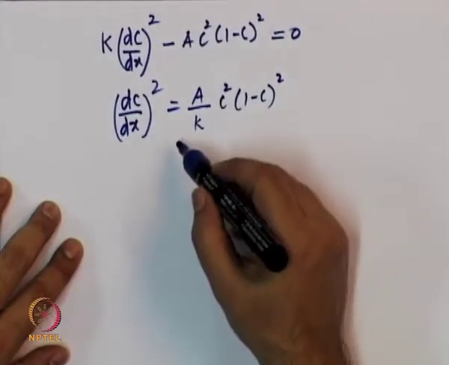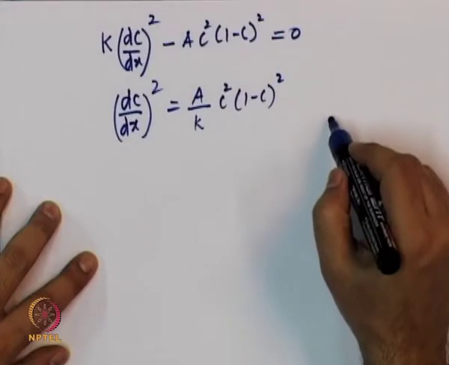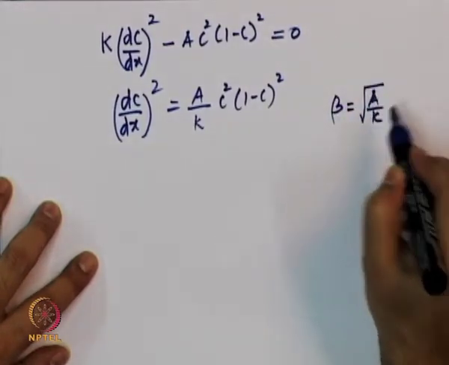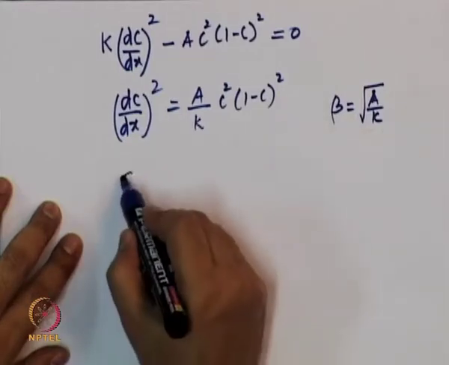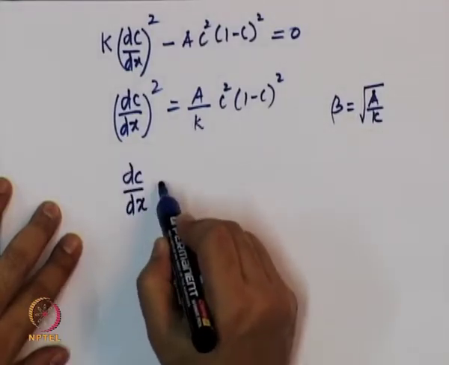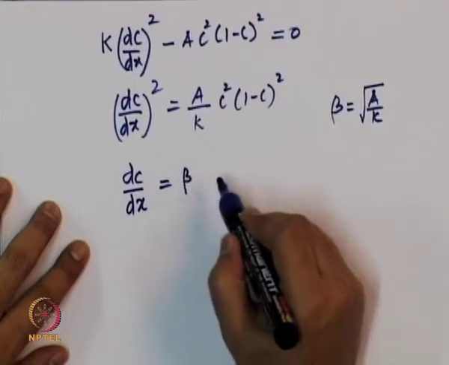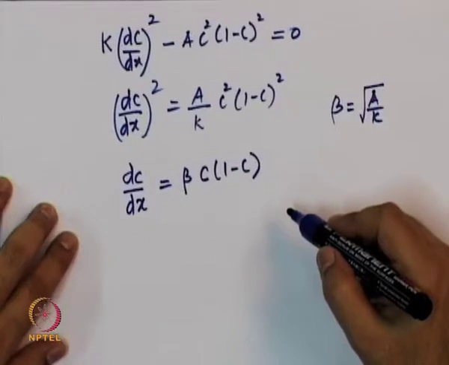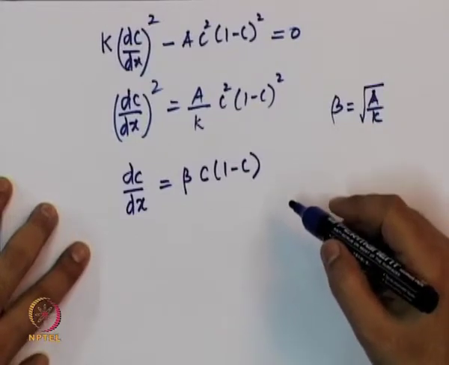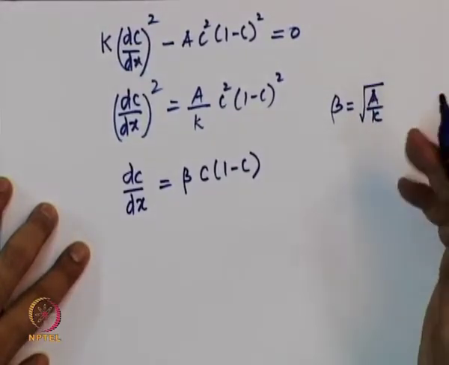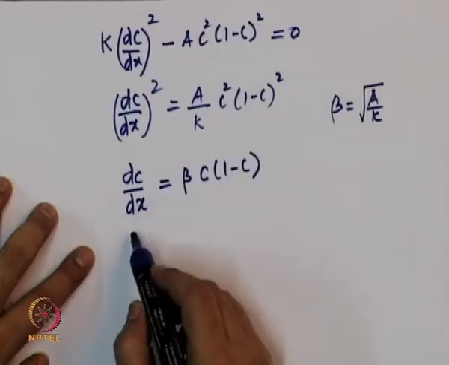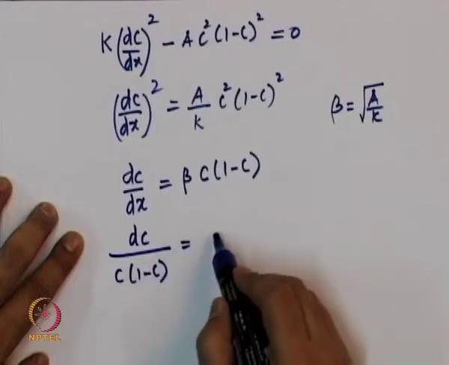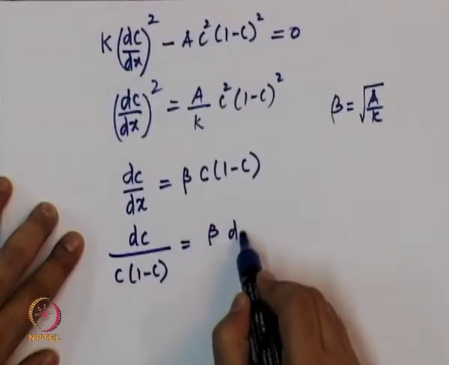Let me take square root and call this quantity beta, equal to square root of a by kappa. So, what happens? dc/dx is equal to beta times c into (1 minus c), right. So, this is the ordinary differential equation that we want to solve, and to solve that, let us do that. dc by c into (1 minus c) is equal to beta dx.